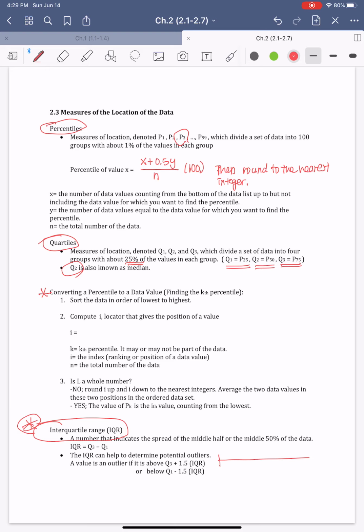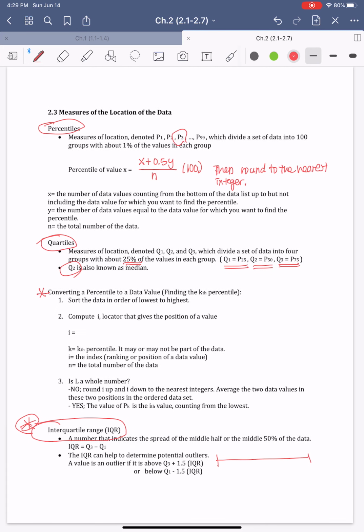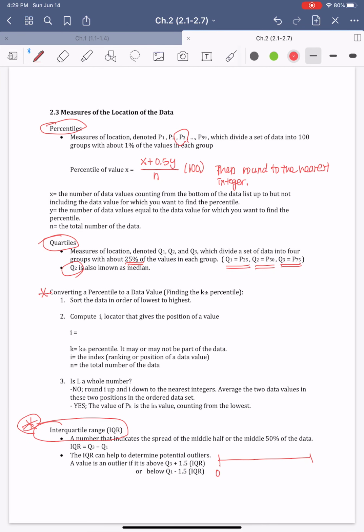Here's the 0, and here's my 100%. Here, let's say P25, P50, and then P75. I'm basically looking at the difference between Q3 and Q1. Why are we interested in looking at the IQR value? Well, IQR can help to determine potential outliers.